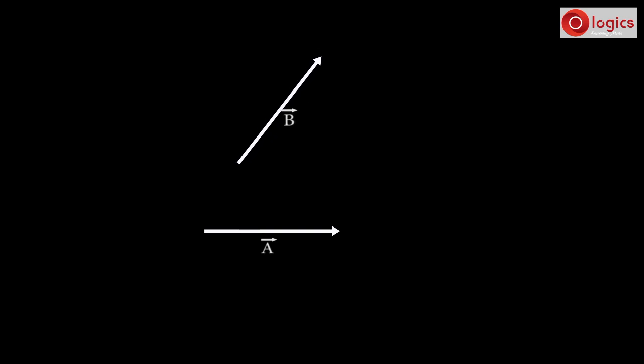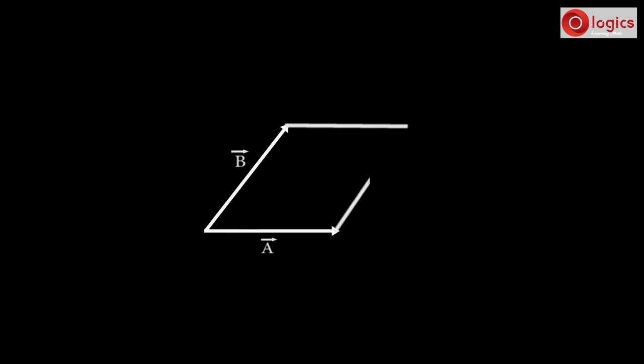Now, move the vector B bar such that the tails of A bar and B bar coincide. From the head of vector B bar, draw a line which is parallel to A bar. Again, from the head of vector A bar, draw another line which is parallel to B bar. Observe, a parallelogram is formed.